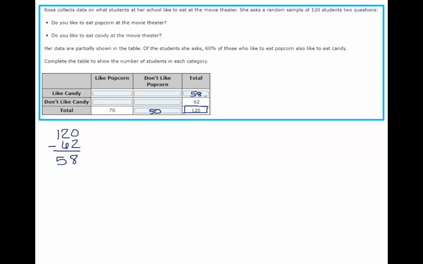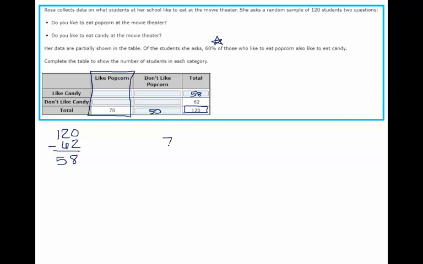Now, we don't have any other boxes though, so you might be thinking, okay, well, I don't know what else. We want to look back in the problem though. Remember to read through your problems a couple times. It says right here that of the students she asks, 60% who eat popcorn, so we want to just look at those that eat popcorn, 60% of those also like candy.